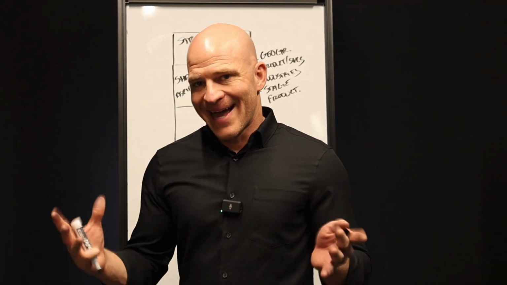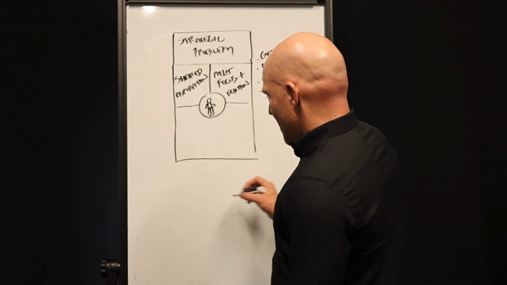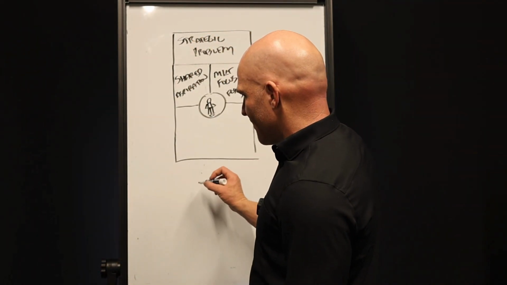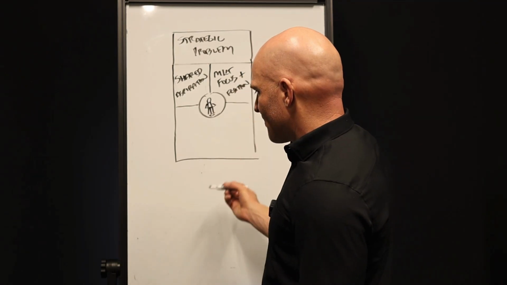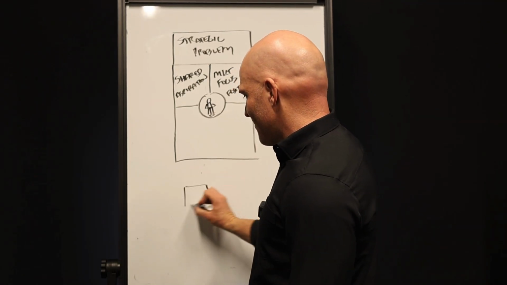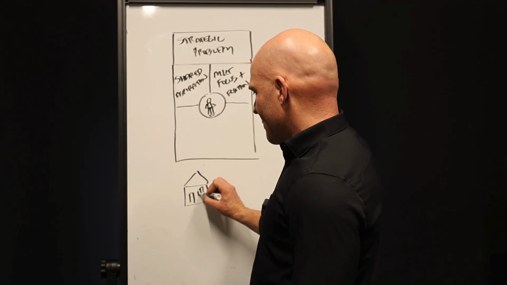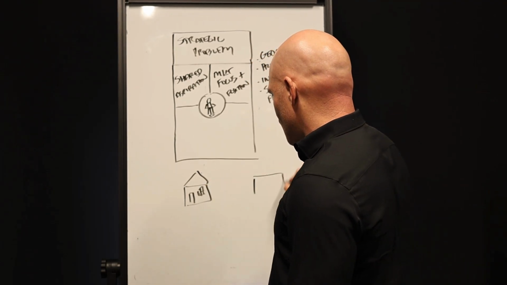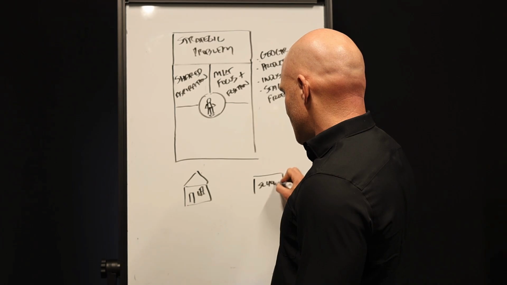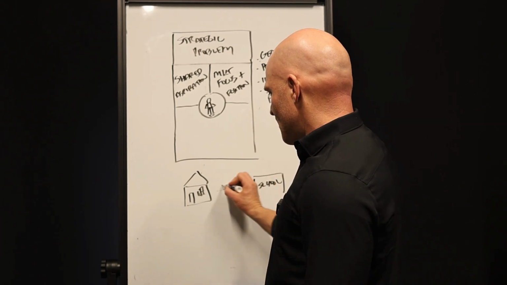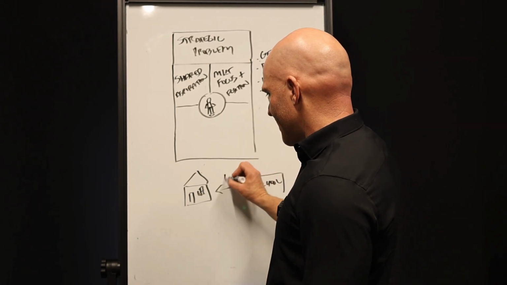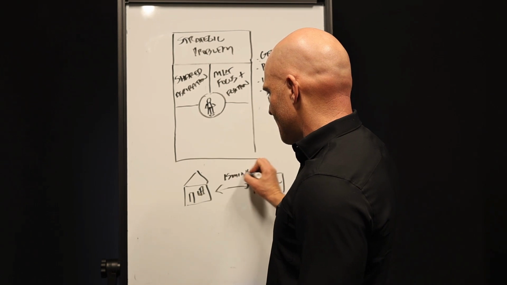Think about it like this. If I'm going to go buy a house and I'm looking around with a realtor, when it comes to market focus and position, I want to buy a house in a neighborhood that's near my kid's school, right? So you have school here. And I want it to be within a certain time frame, like 15 minutes or less for a commute.